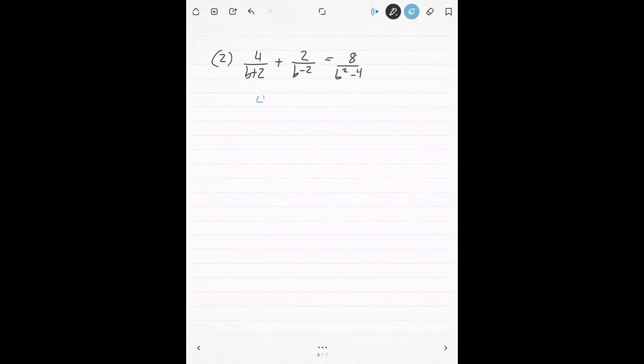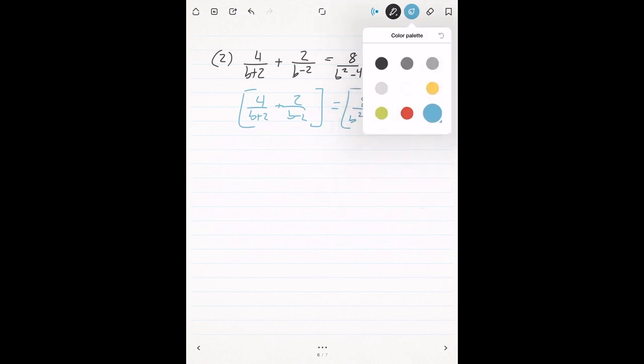So I'm going to take the 4 over b plus 2 plus 2 over b minus 2, and then I have the 8 all over b squared minus 4. And what my goal here is going to be is to multiply both of these by the same value. So the common denominator we said before was b plus 2 times b minus 2.